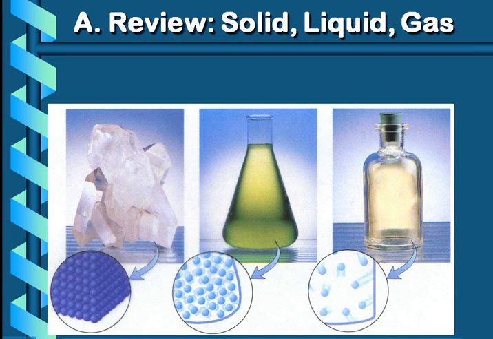Here's a quick review. Solid, liquid, and gas. We looked at this before when we did phase changes and when we did those calculations. But let's just remind ourselves. If you have a solid, what that means is that you have those particles very, very closely packed together and forms a nice matrix, which, if I increase my temperature and I heat this up a little bit, well, eventually those particles are going to want to move further away from each other.